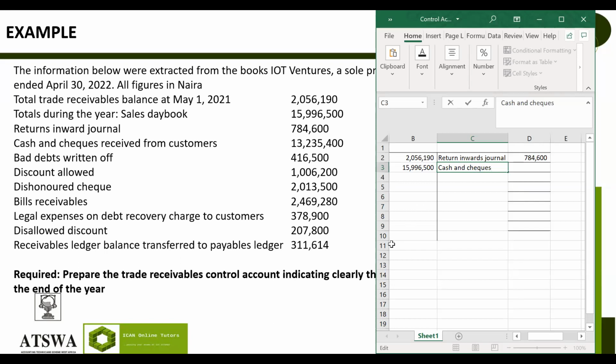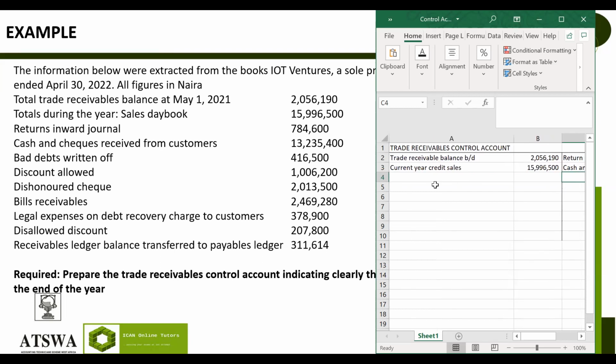Cash and check received from customers. The amount is 13,235,400.